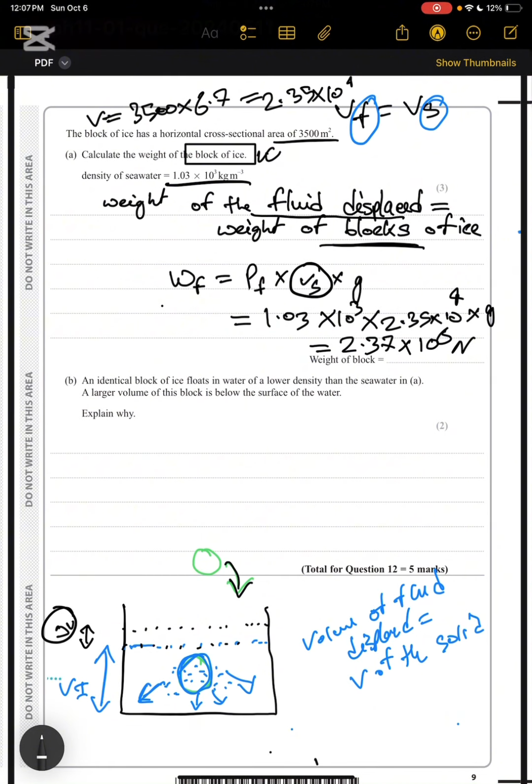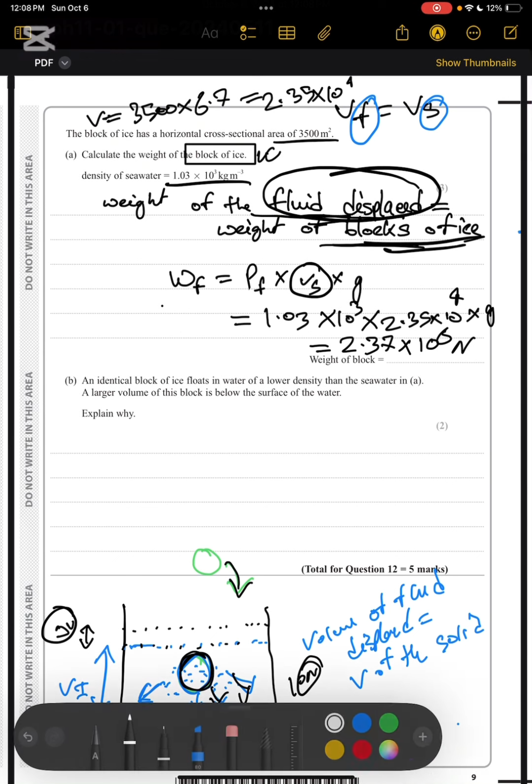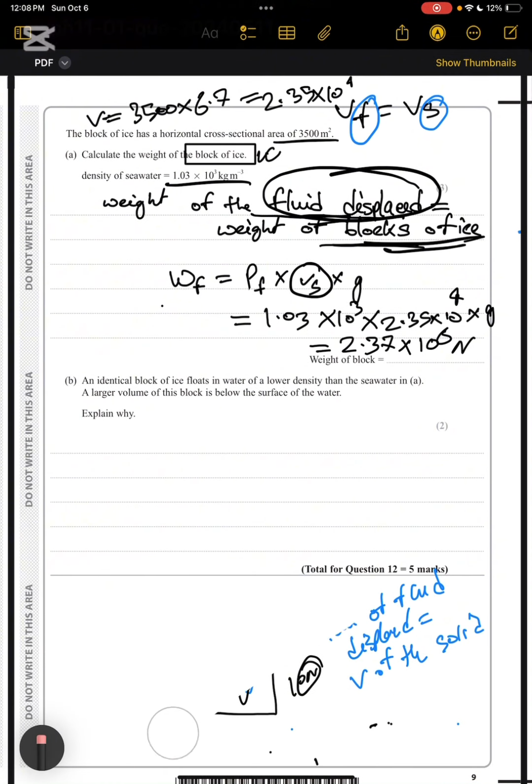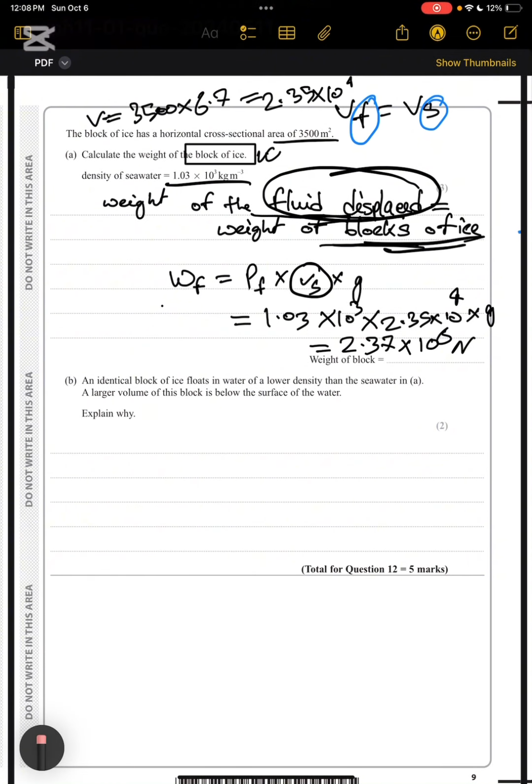So we can say the weight of the fluid displaced is equal to the weight of the ice. This block of ice has a weight of suppose 10 newton, and it will also displace 10 newton weight of fluid from this position. So the weight of fluid displaced is equal to the weight of the block of ice. That is why I have made you understand this, because it's a really perplexing situation, and a lot of students have trouble understanding this.